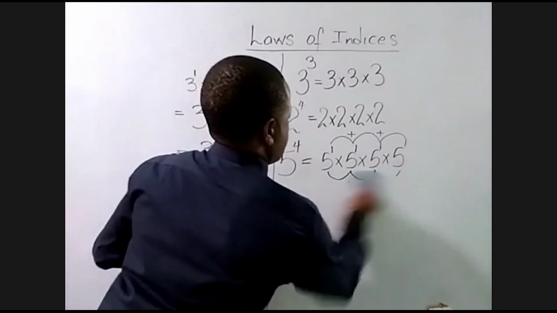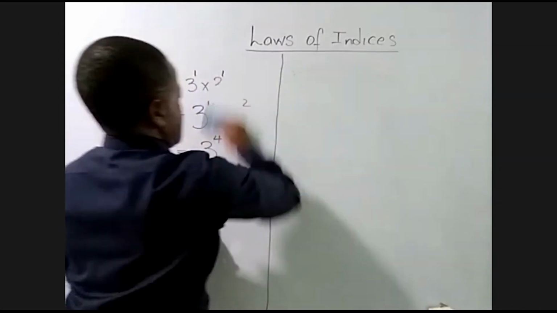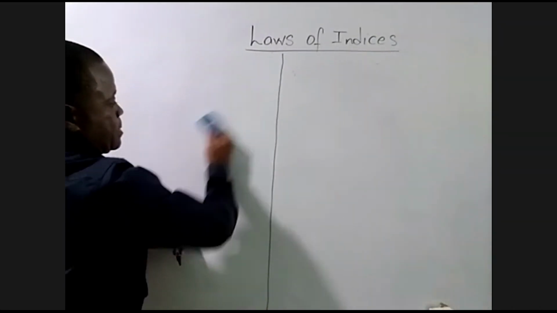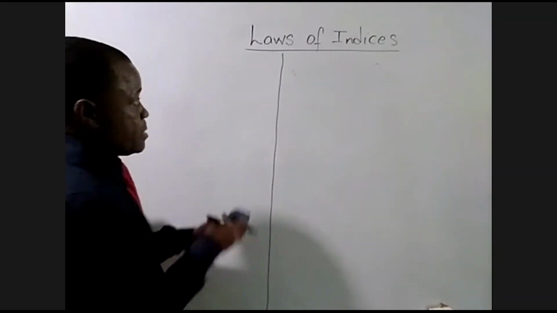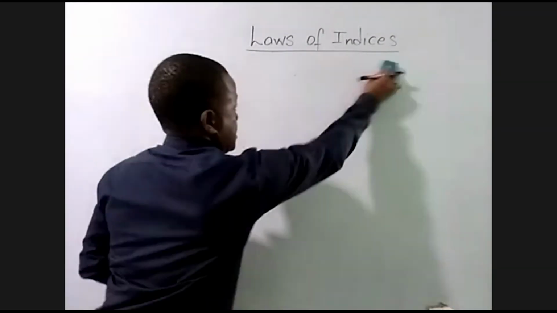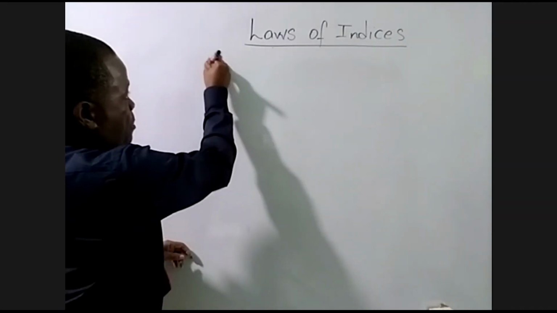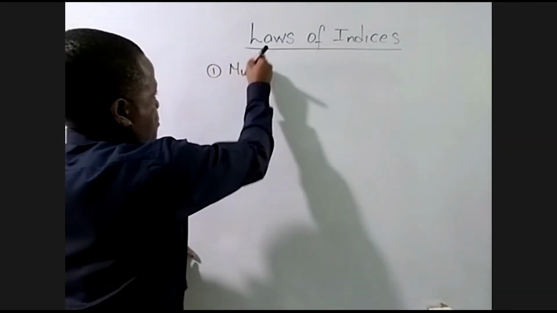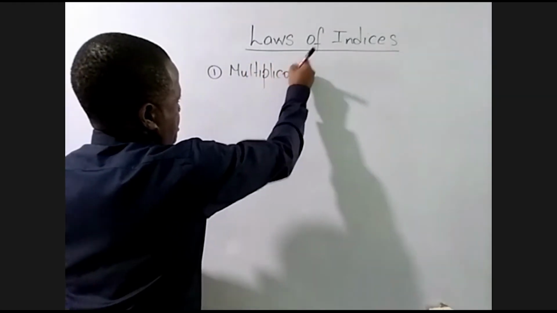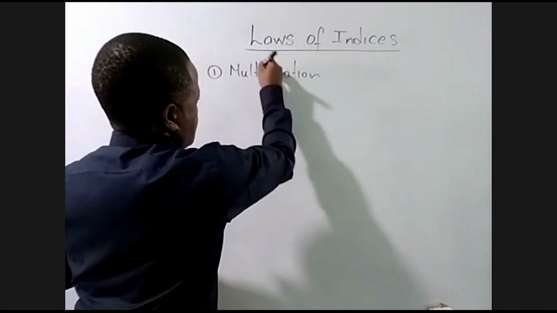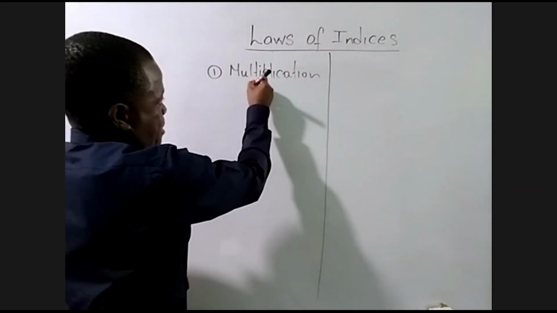All right, so I'm going to clear this part. And I'm going to have the law structured in such a way. So the first one we have here, 1, and this is now multiplication. And it says multiplication law.